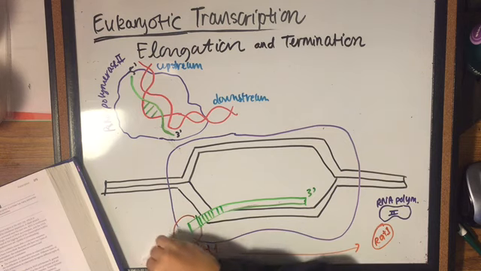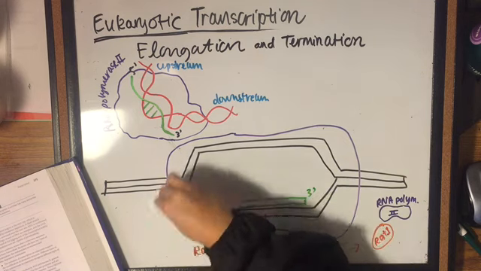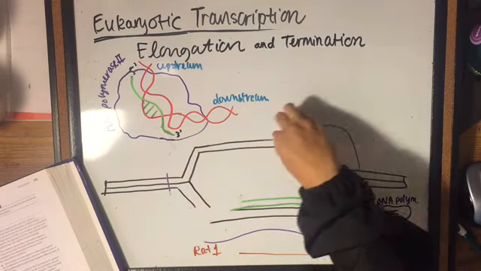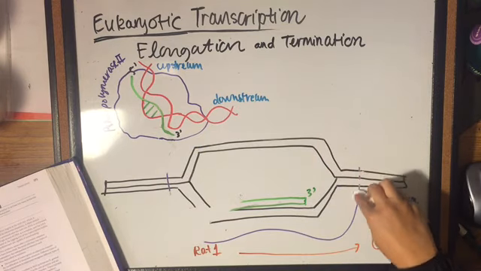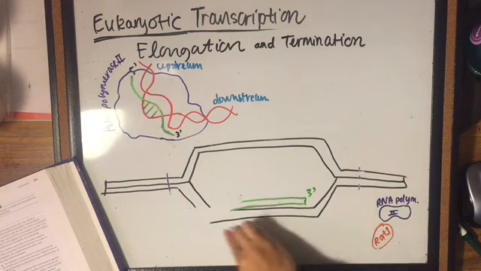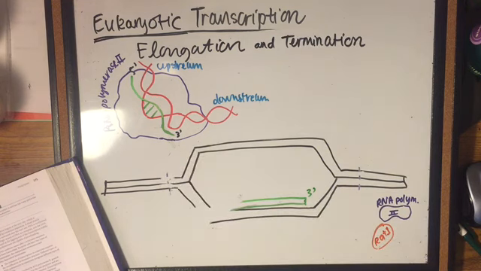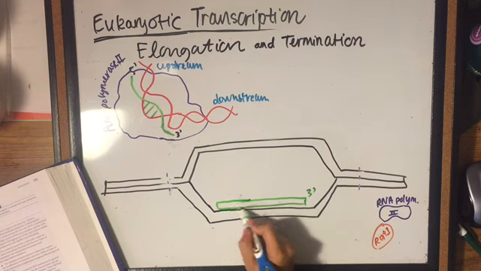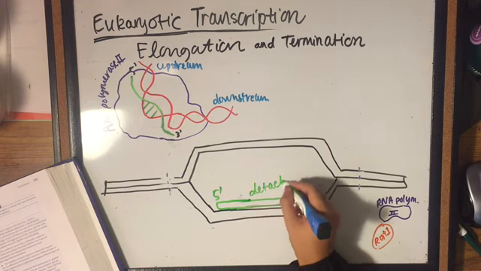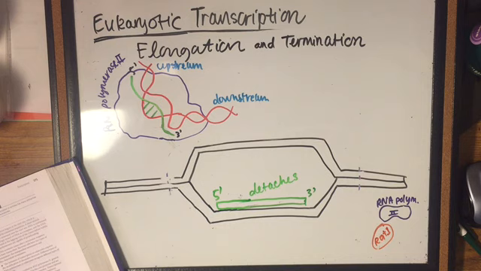And once the RAT1 reaches the polymerase, transcription is terminated, and the RNA polymerase 2 comes off. And then the RNA separates from the DNA to end the process of transcription in eukaryotes.